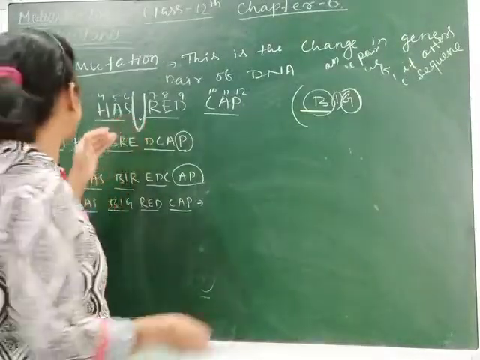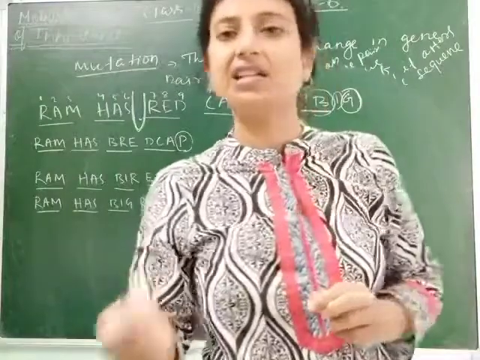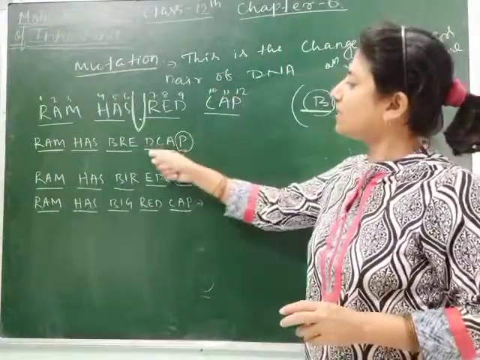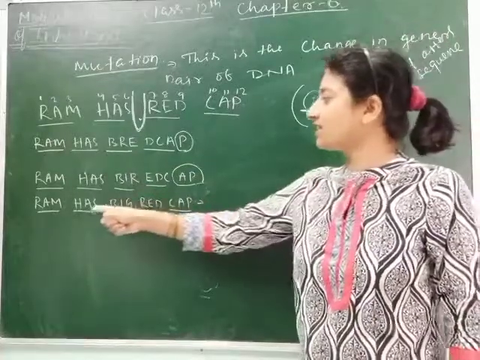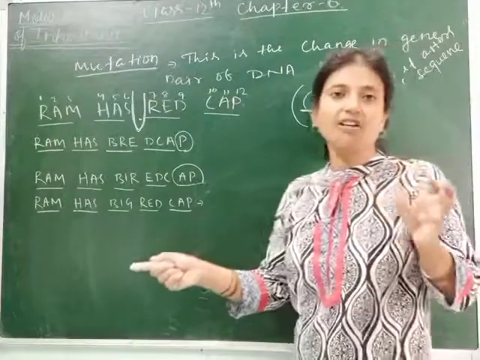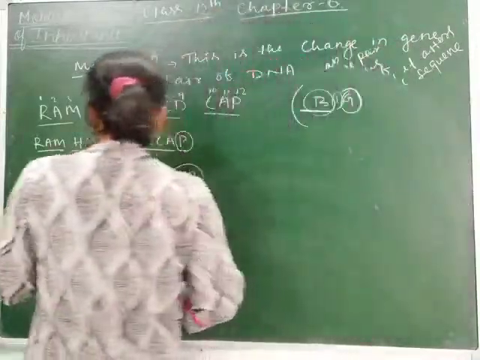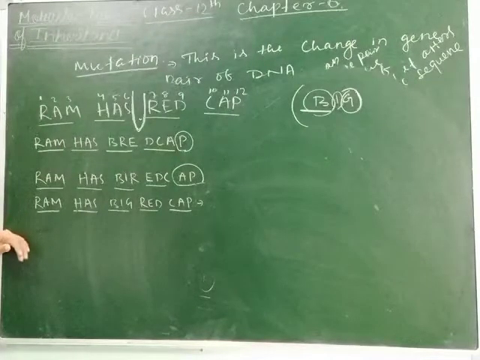And the first sentence we can see is Ram has red cap. But when we insert extra letters in the sequence, as triplets, it forms a new sentence, that is Ram has big red cap. Exactly that happens in our DNA sequence also, due to which we see mutation. Clear students?